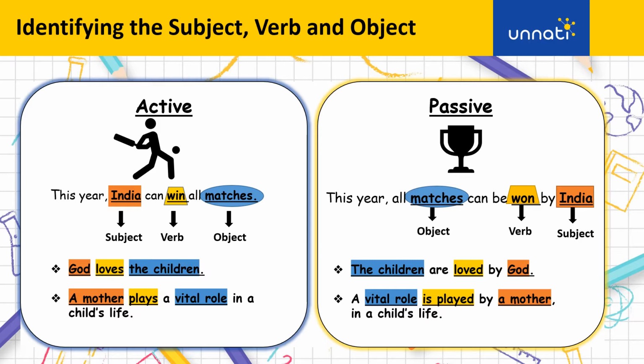But in passive, we say a vital role, the object coming in the beginning, is played. Played is the verb here, by a mother. So, mother, the subject, goes at the end of the sentence. So this is how we construct sentences in active and passive.